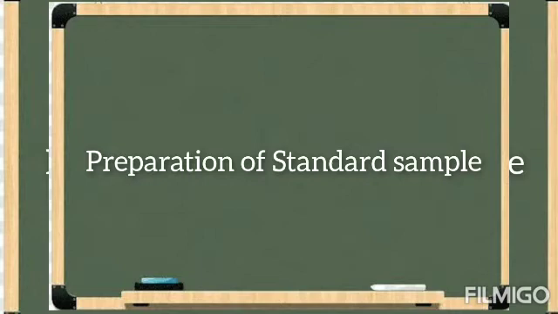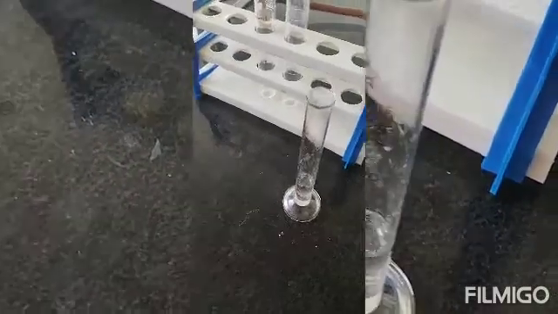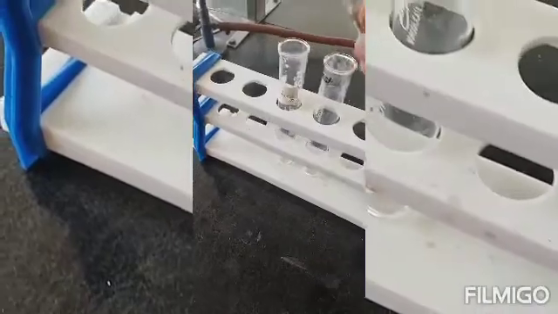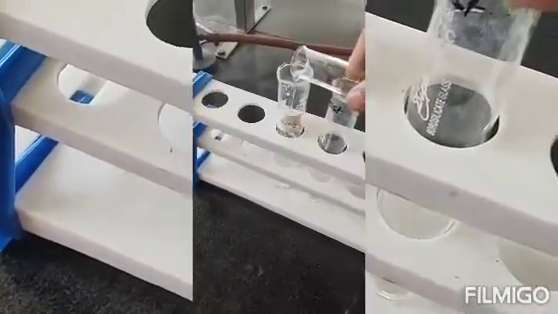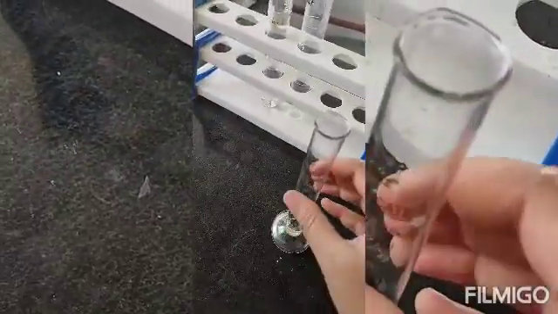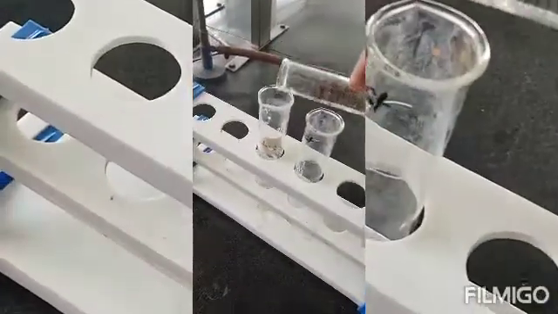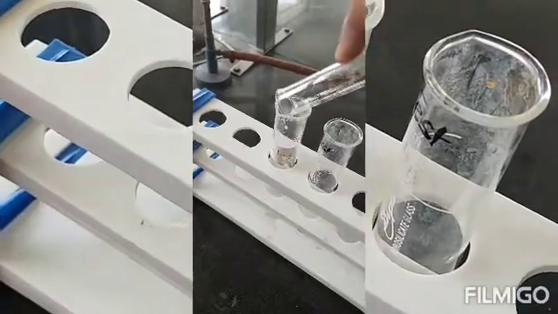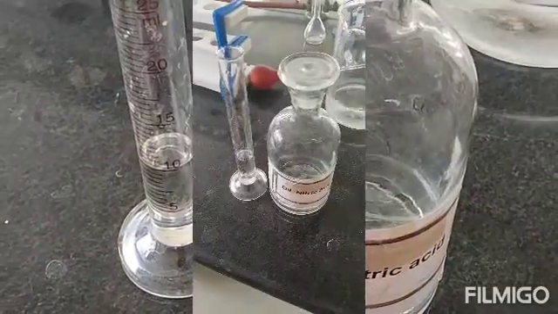Then preparation of standard sample. For this standard sample, we take sodium chloride. Add 10 ml of standard solution, that is sodium chloride solution. Then add 5 ml of distilled water into the standard sample.